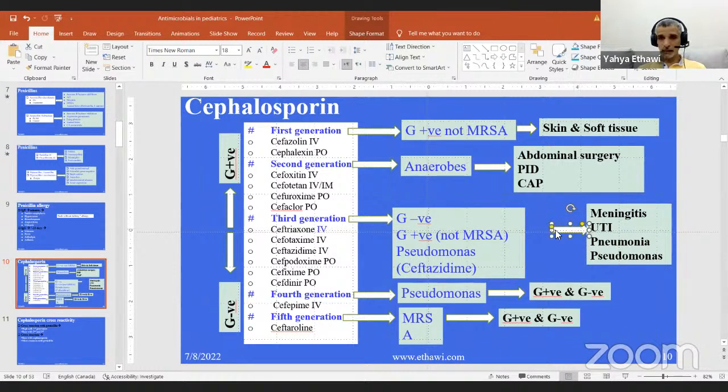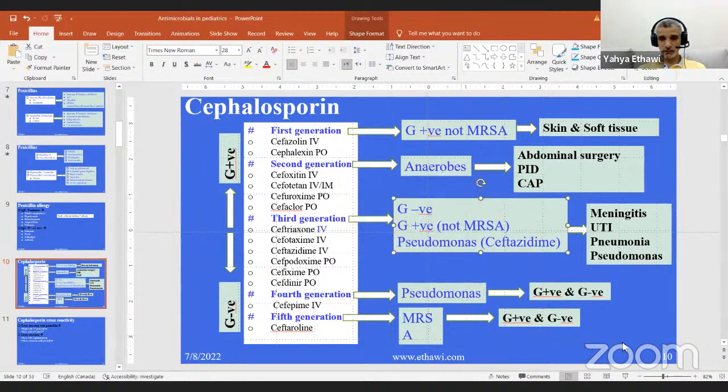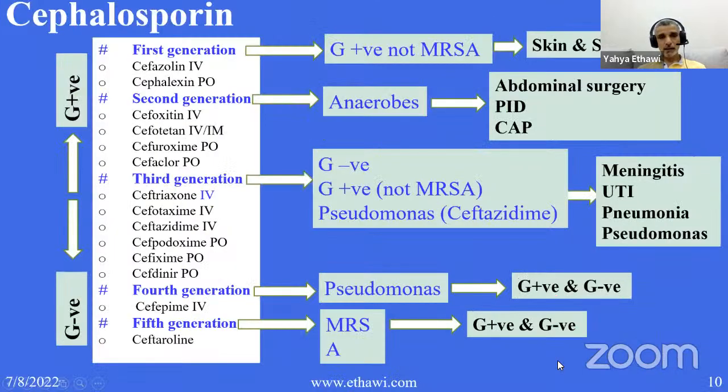Some people think that cefotaxime is a strong antibiotic, and therefore they use it when they suspect serious infection, which is absolutely incorrect, because cefotaxime is a weak antibiotic. It works against both, but it's not as good as 1st generation against gram-positive, and it's not as good as 5th generation against gram-negative.